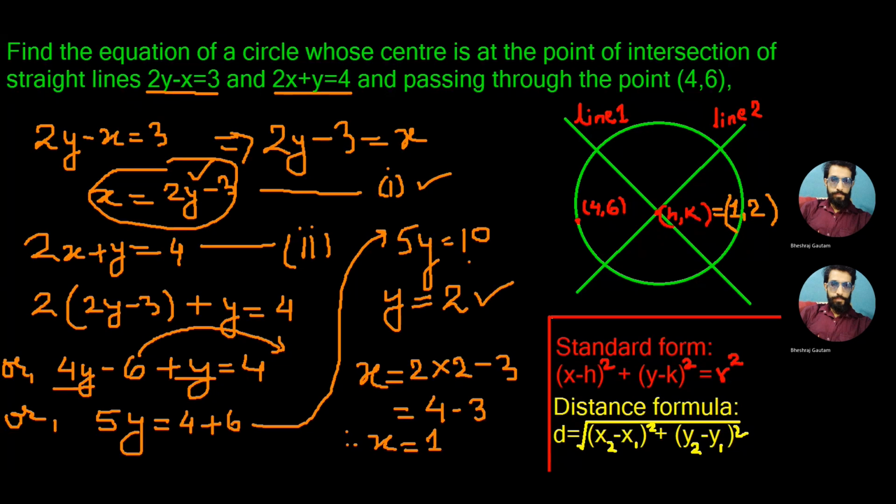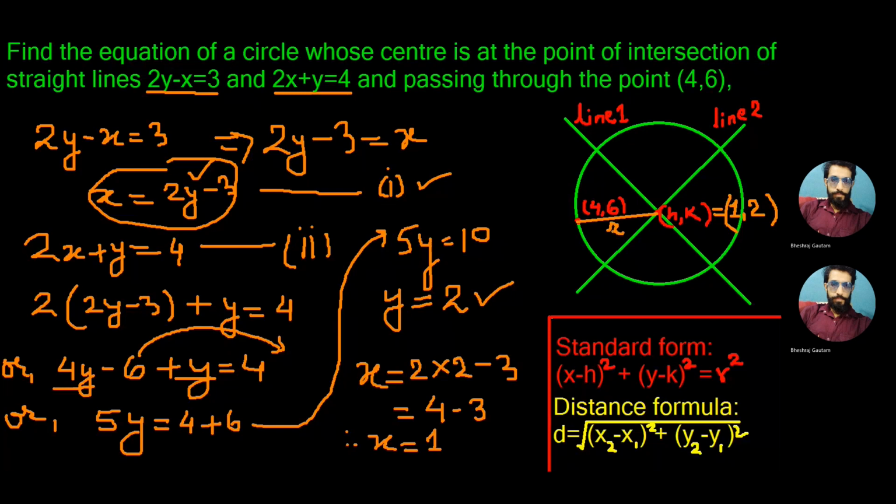As given, the circle also passes through the point 4, 6. Using this passing point and center, we find the radius, as when this passing point and center are joined, that forms the radius.